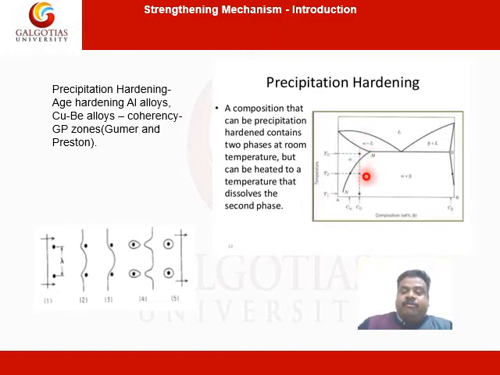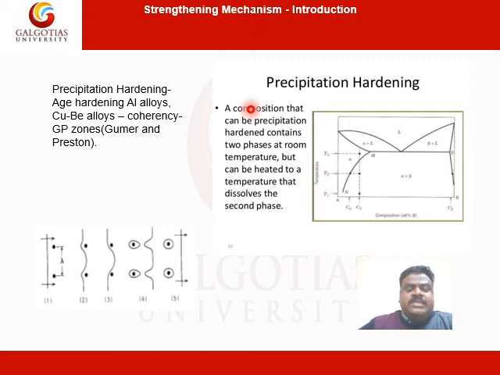That means we have the higher solubility retained even at the low temperature by heating it to a certain temperature and quenching it. So we can have the higher solubility, which will cause an increase in strength. So this is known as precipitation hardening.